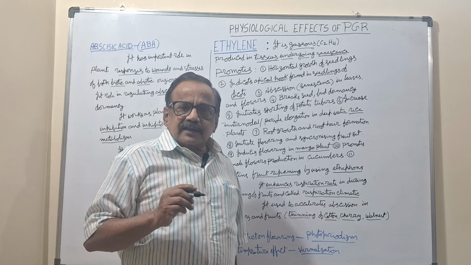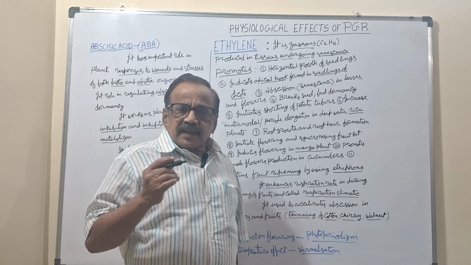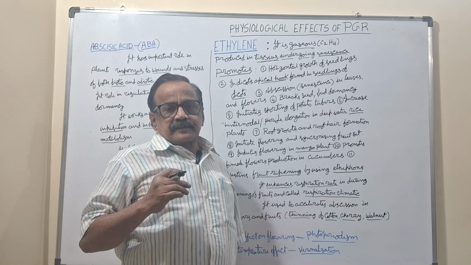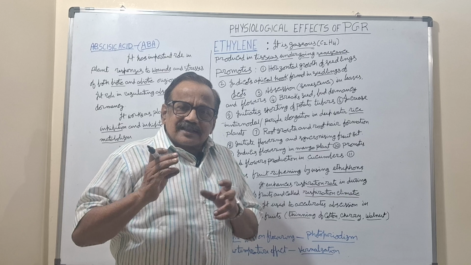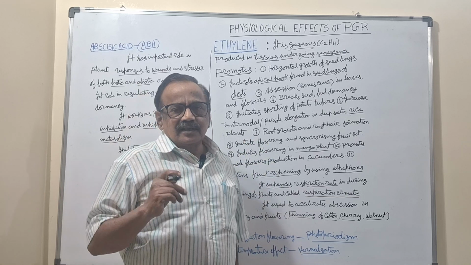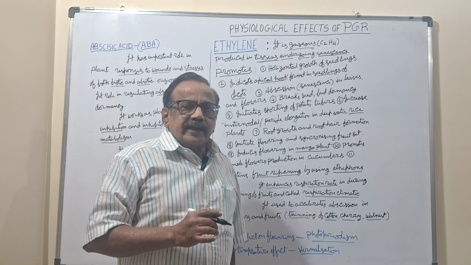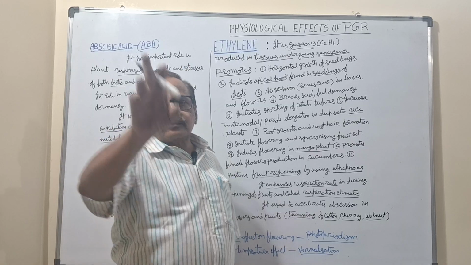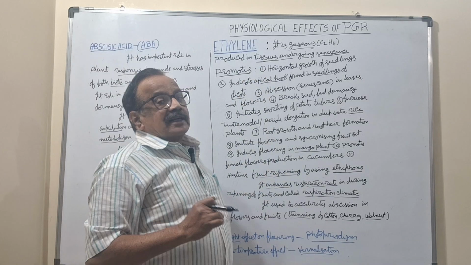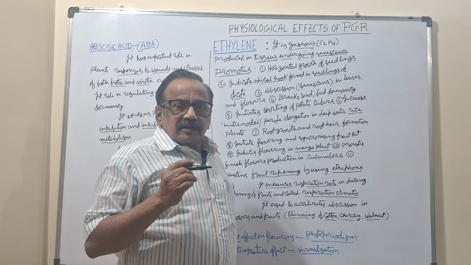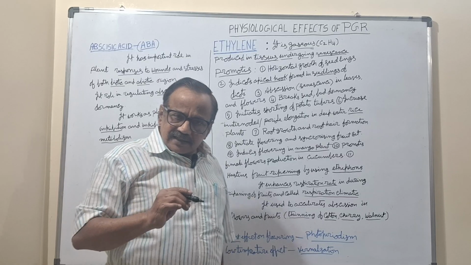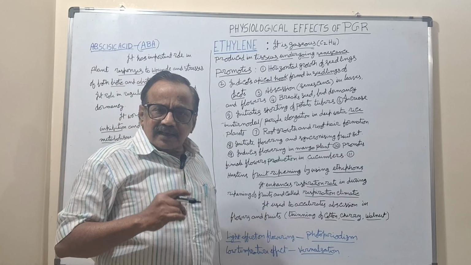So this senescence is catabolic, that is autocatalysis, meaning the plant kills its own cells before senescence. Whenever these reactions are going on, ethylene will be produced. That is the meaning of tissues undergoing senescence: the entire protoplasm is digested with particular enzymes and other things.